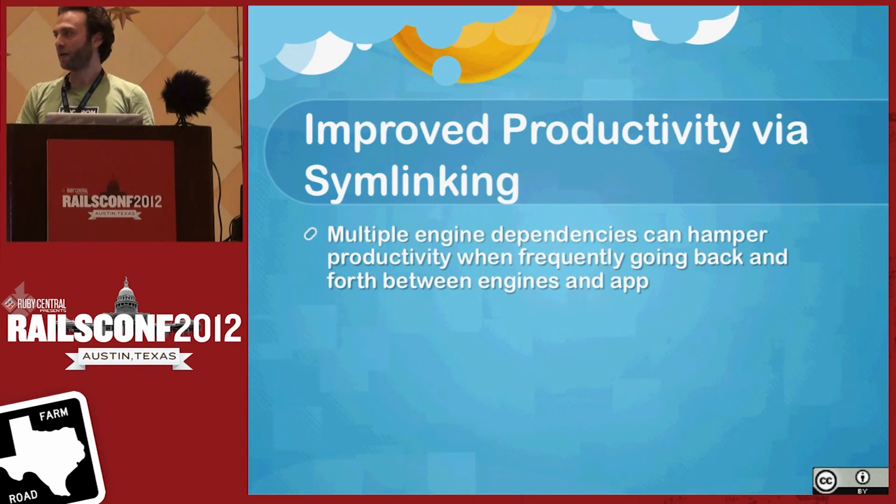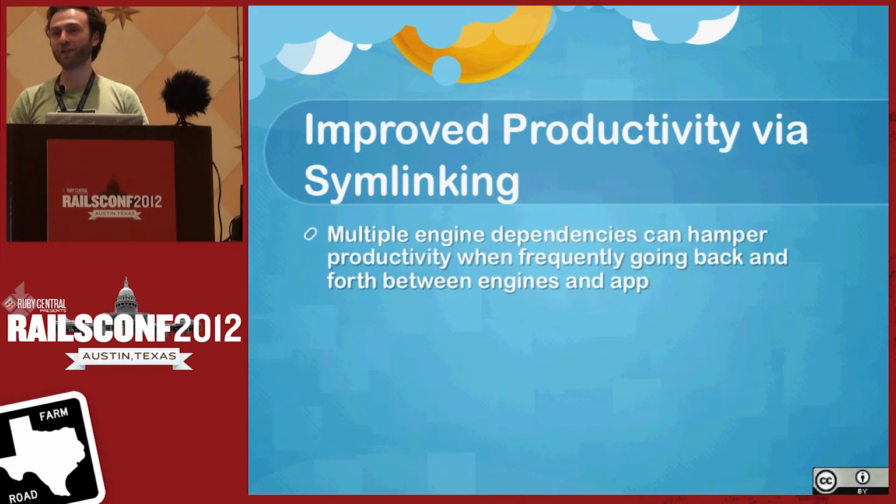We made a rake command that lets you symlink, just like that. We do work. We go back and forth between the engine and the app as many times as we want. Once we're done at the end of the day, that's the point when we actually commit the engine code, generate the Git ref, and plug it into the app. So we only need to do that before having to commit the app and deploy it. That basically solved the problem and removed that restriction and made our lives much more productive with Rails engines.